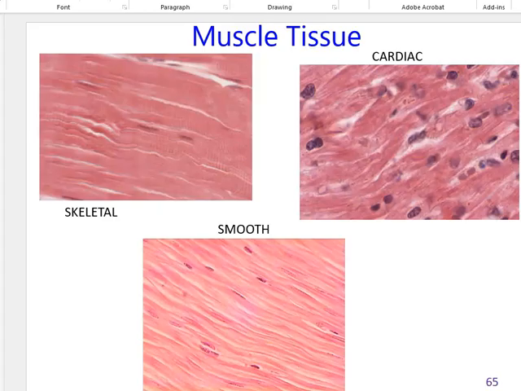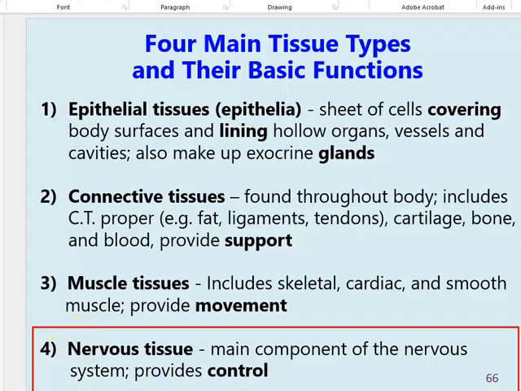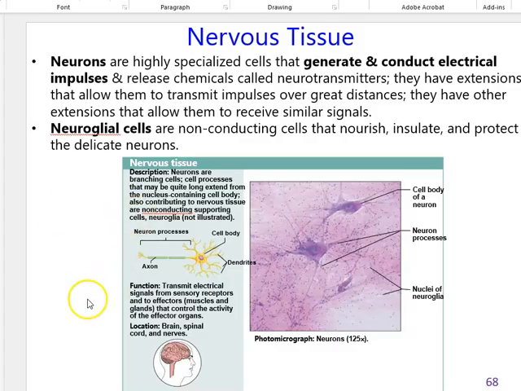So that brings us to nervous tissue. Nervous tissue has two types of cells, neurons and neuroglial cells. The neurons are gigantic. They have a huge cell body with projections or processes coming off of them, and we will look at that in this class. The neuroglia are normal-sized cells with normal nuclei.